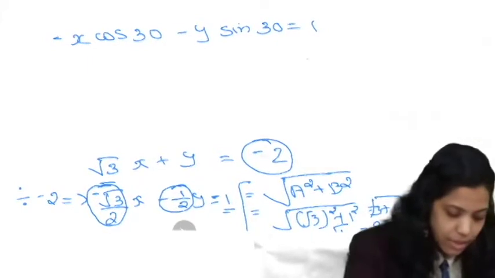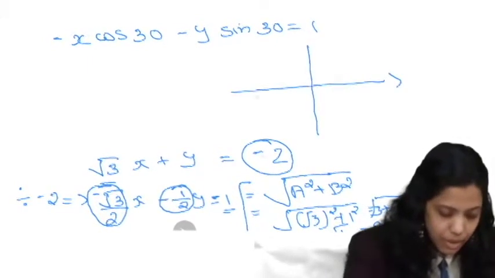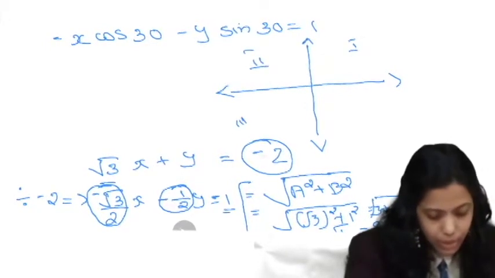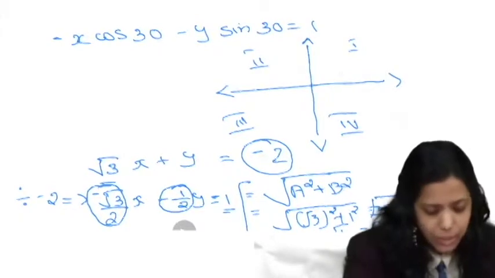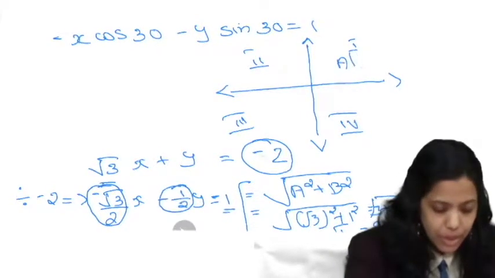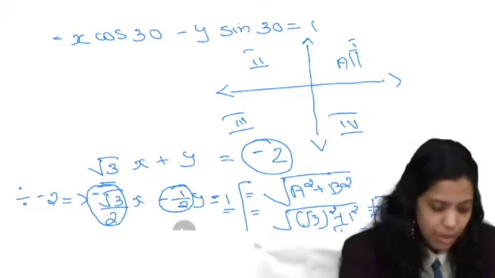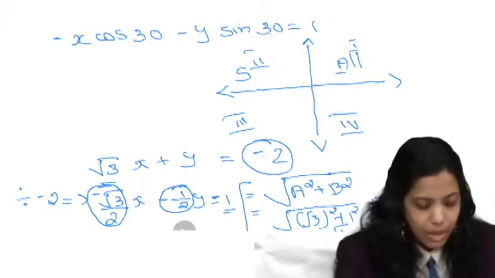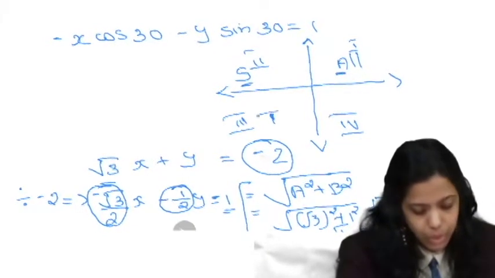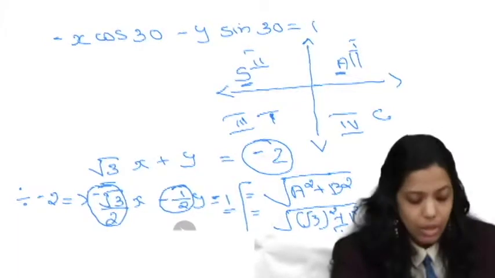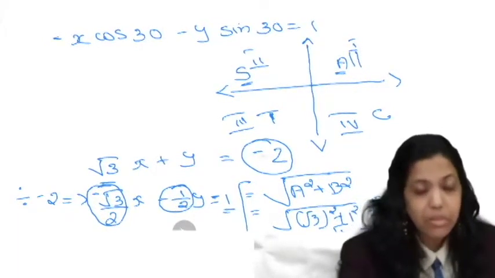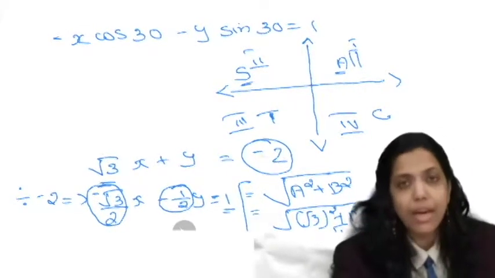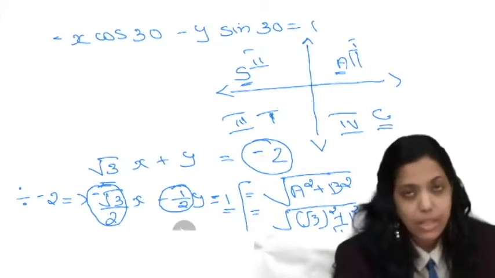So let's consider the trigonometry. The first quadrant, the second quadrant, third one and the fourth quadrant. In the first quadrant, all the trigonometric ratios are positive. In the second quadrant, only sine is positive. In the third quadrant tan is positive, and in the fourth quadrant cos is positive.